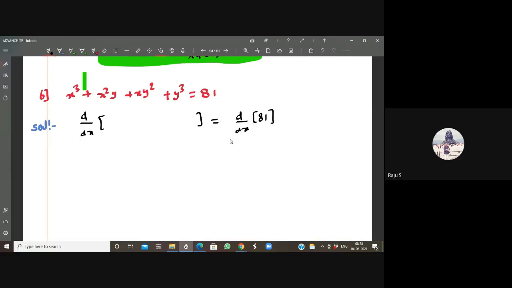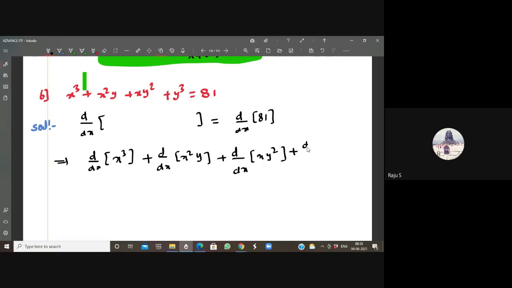So right side clearly 0 because 81 is a constant, derivative always 0. So write it separately, d by dx of x cube plus d by dx of x square y plus d by dx of xy square plus d by dx of y cube is equal to 0 because 81 derivative 0.